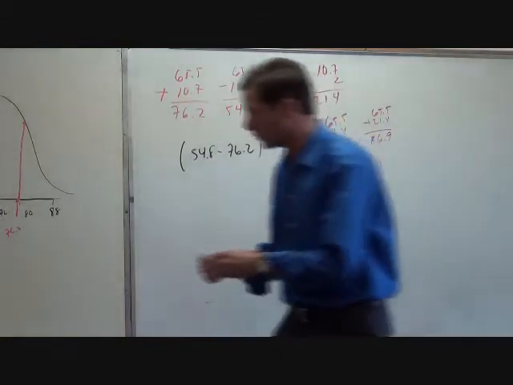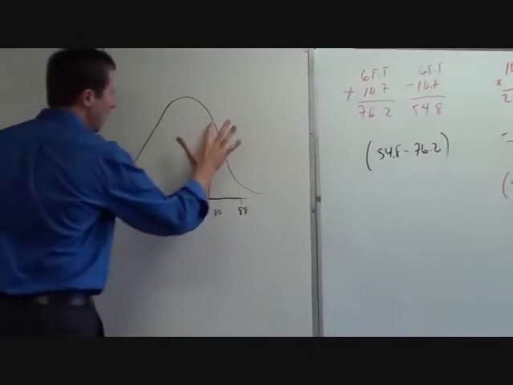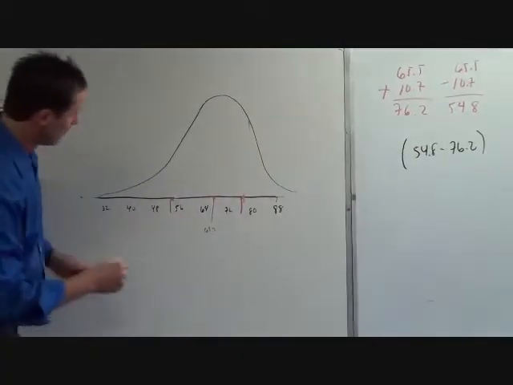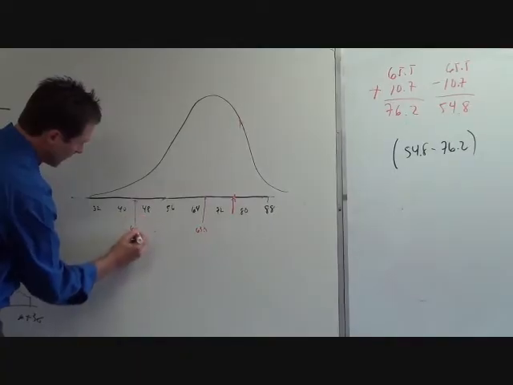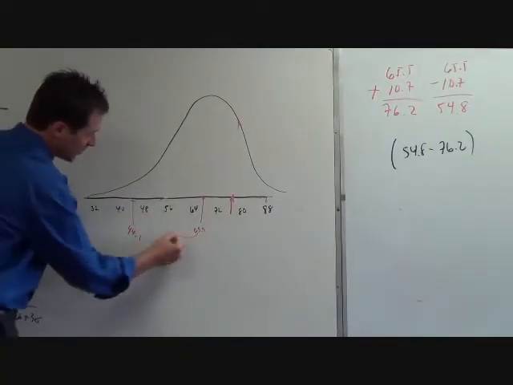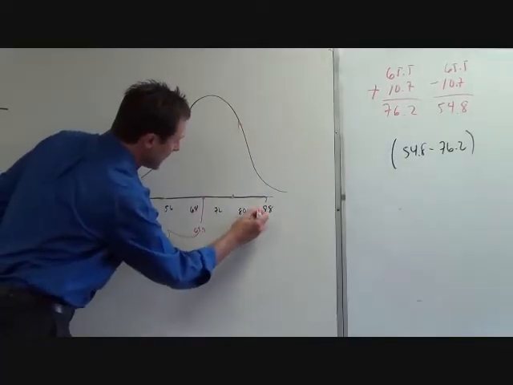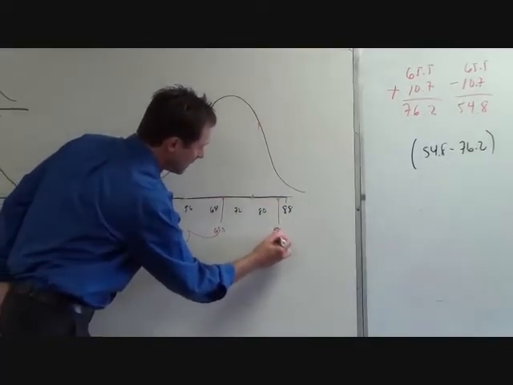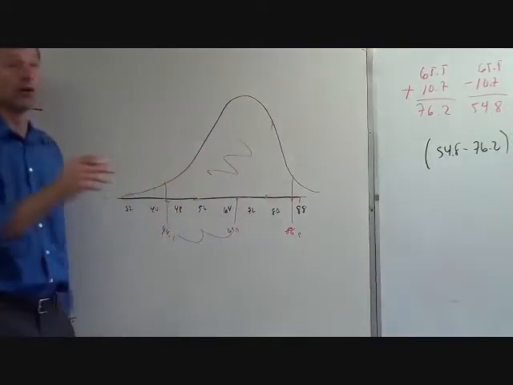Let's take a look in the picture with that. Let's create that interval now. So we're supposed to go now from 44.1, which is about here. That's 2 standard deviations from the mean. And then 86.9 is about there. We're trying to find out the percentage that's in here.